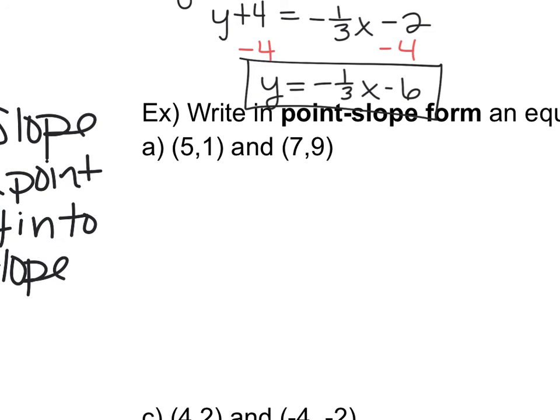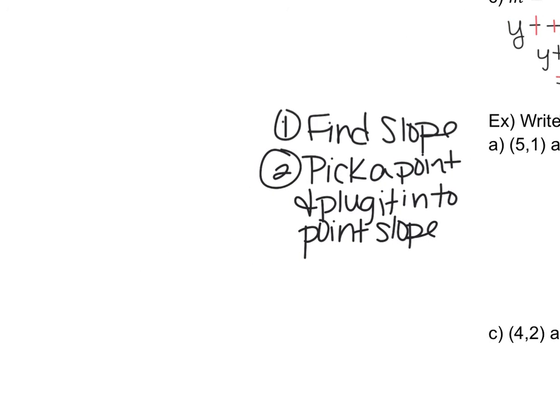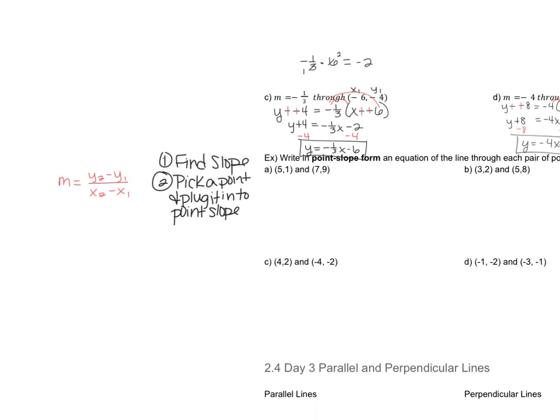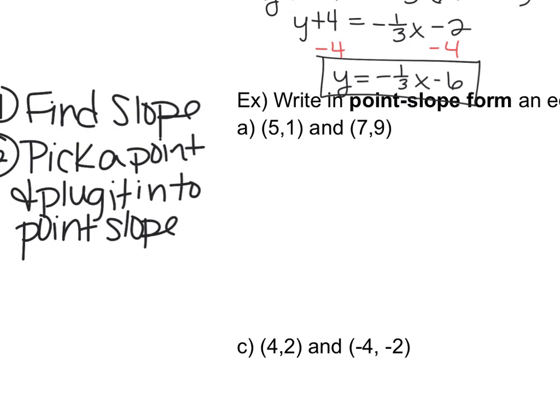Let's see. If you don't remember, hopefully you do, the formula for slope is y2 minus y1 over x2 minus x1. I'm going to label them x1, y1, x2, y2.